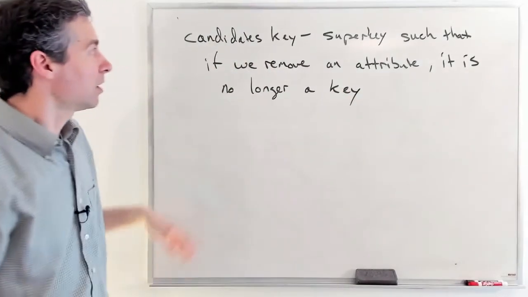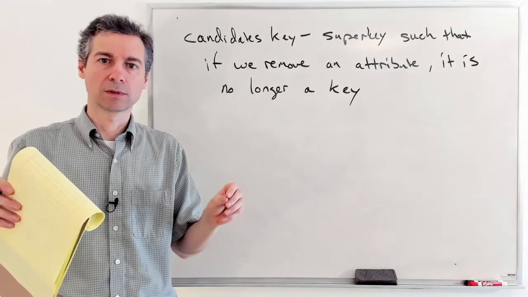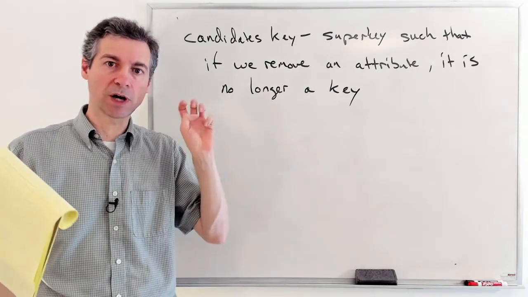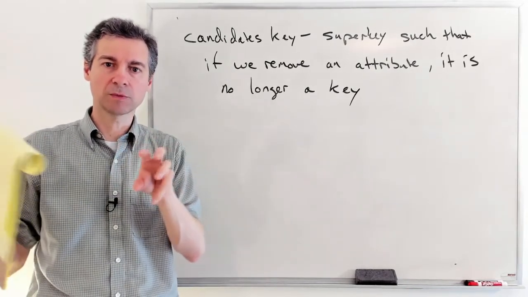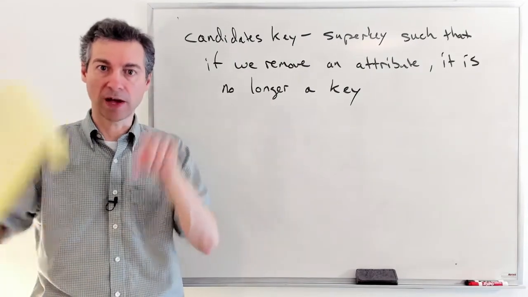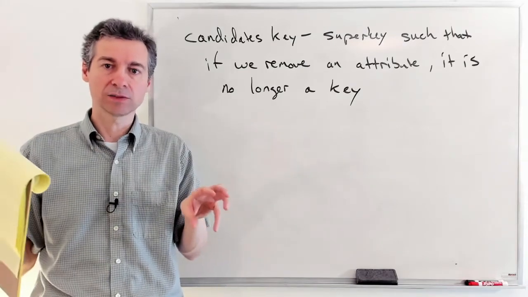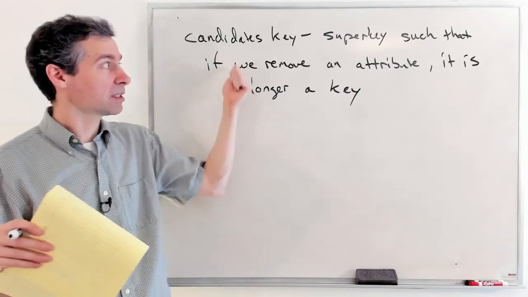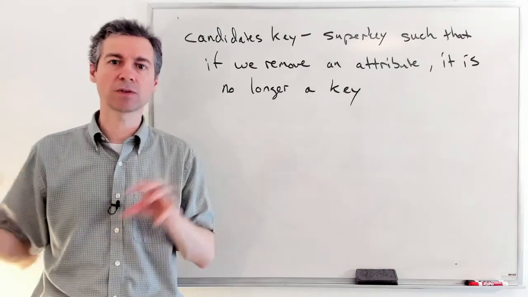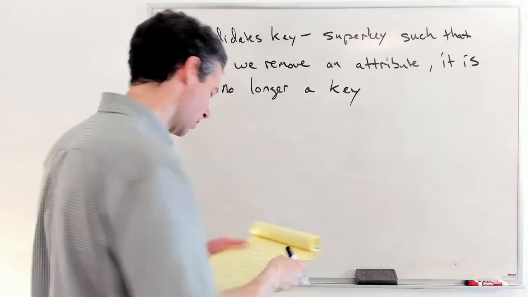So if we say, oh, we have these following columns, and they form a super key, but if we remove one of those columns and the remaining columns, we would actually find rows that have duplicate values. We know that that set of columns is a candidate key. In other words, that's a minimal set of columns. We can't take away any one of those columns and still have a viable key that we could use to identify a row. That's a candidate key.